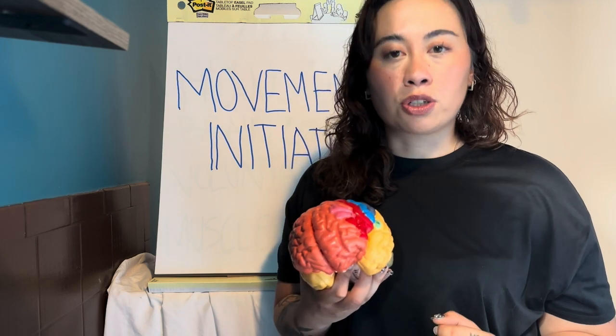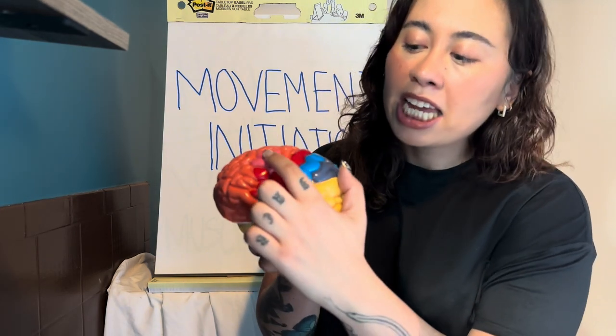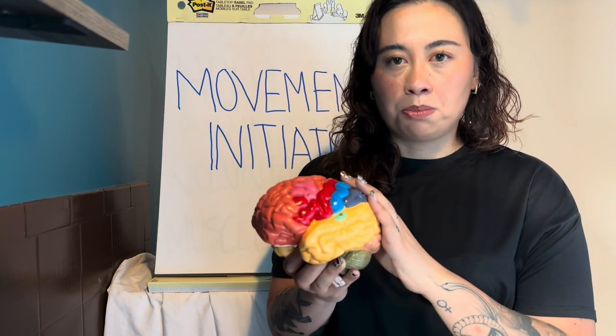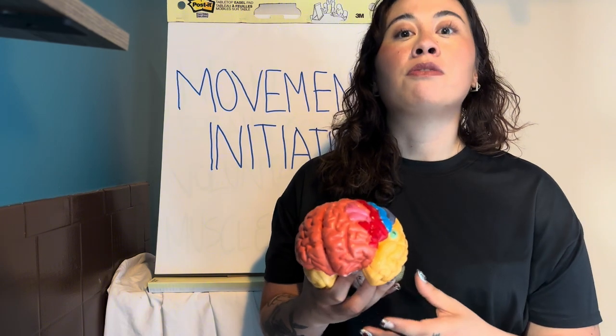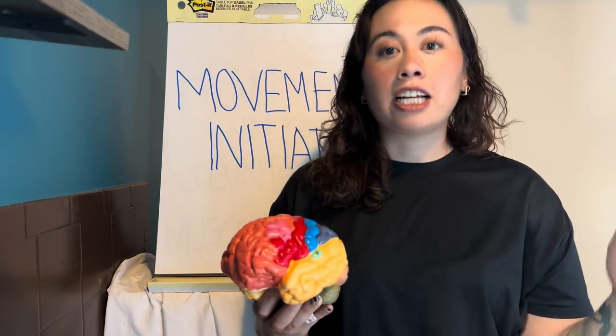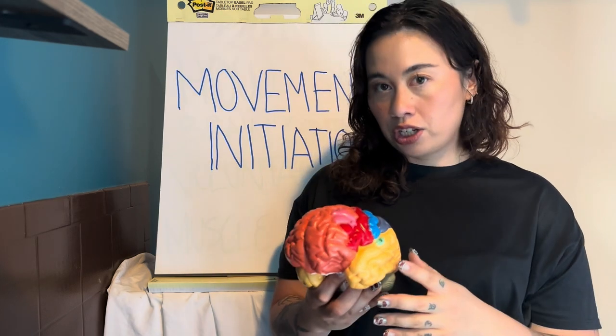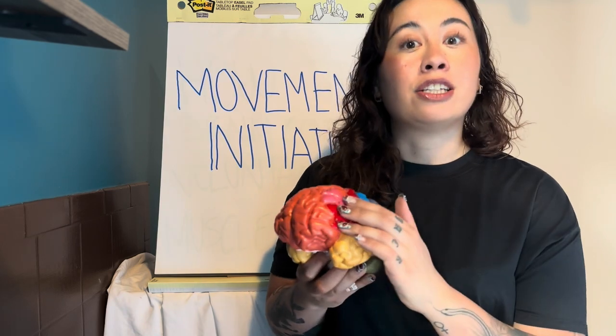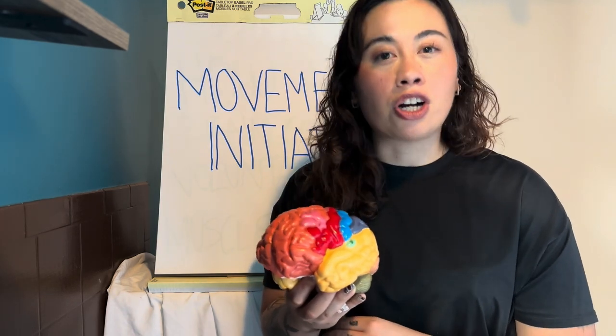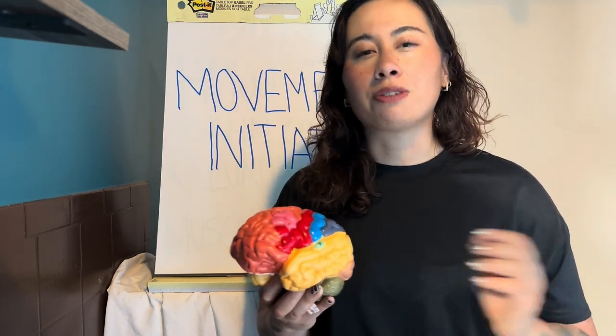The premotor cortex, this pinkish area and below on my model of the brain here, assists with planning out movement from visual cues. For example, if you're driving, you see a red light and you brake, your action, the braking, is being planned out by this region here based on the visual cue of seeing the red light.